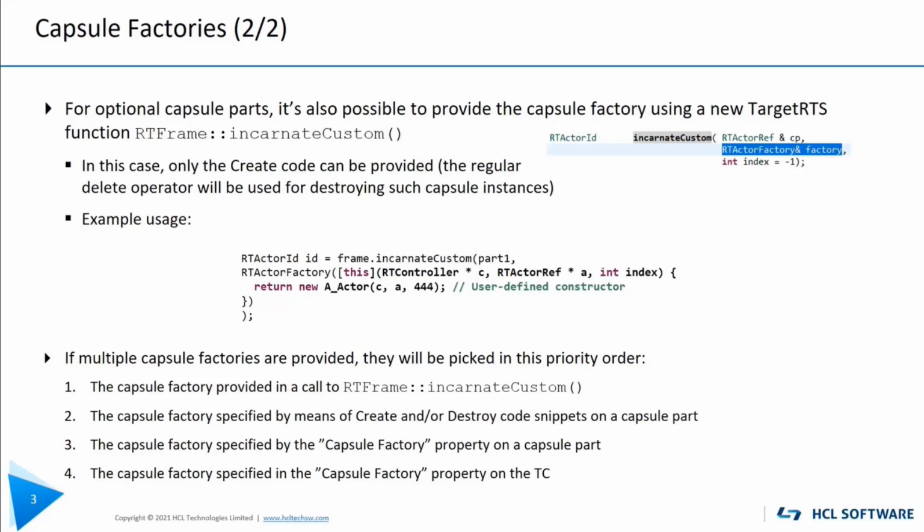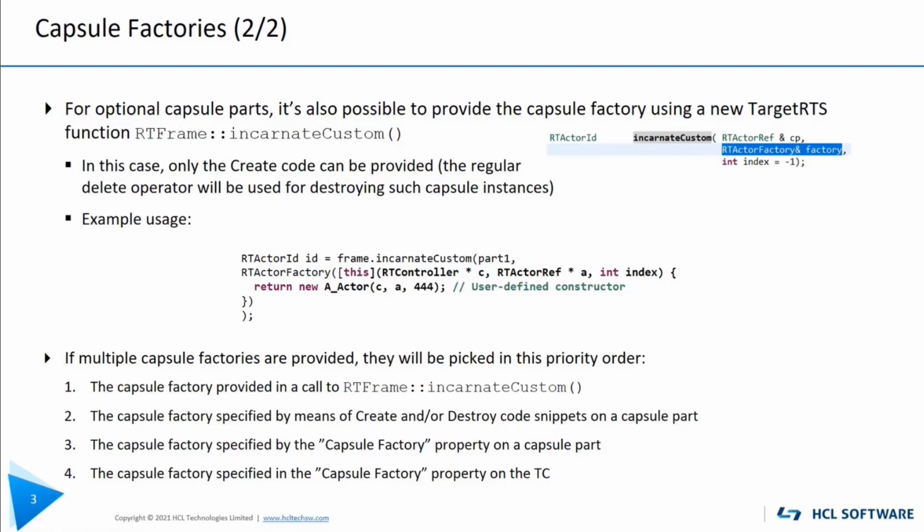And there is another thing to mention. If you have an optional capsule part, we have added another version of the RTFrame incarnate function. We call it incarnate custom, since there were already quite many overloads of the incarnate function. And incarnate custom works exactly like incarnate, except that it takes an RTActorFactory as argument.